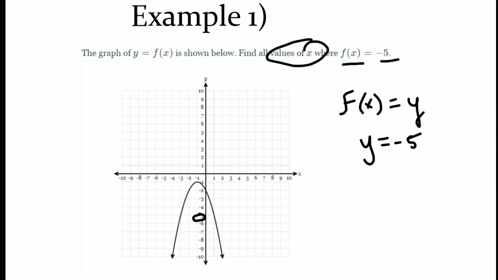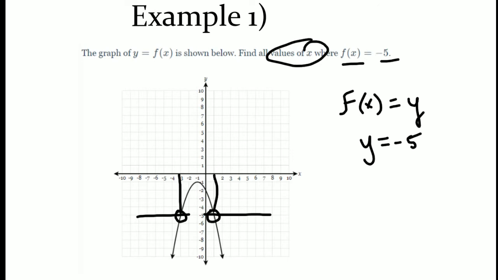If we were to draw a horizontal line at y equals -5, everywhere that this quadratic function crosses that horizontal line would be our x values. So this point here and this point here. We can see that the x values where y is -5 are -3 and 1, and that's our answer to that question.